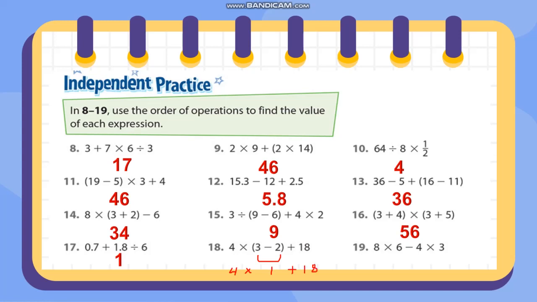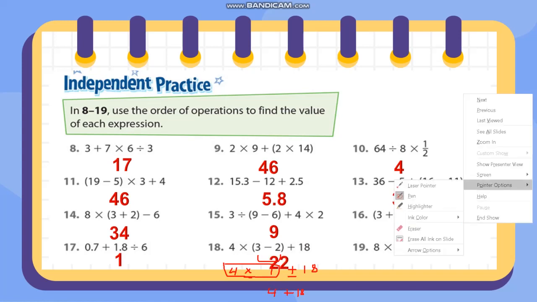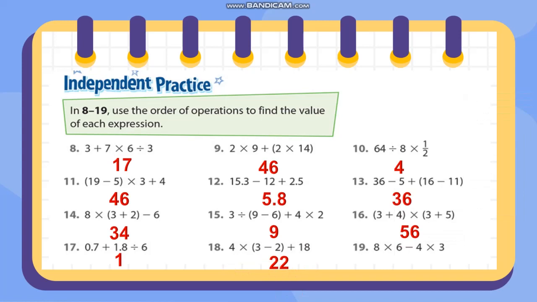We have two operations remaining, multiplication and addition. Based on the PEMDAS rule, or the order of operations, we multiply first. 4 multiplied by 1 is 4. Then 4 plus 18 is equivalent to 22. That's why the answer in question number 18 is 22.